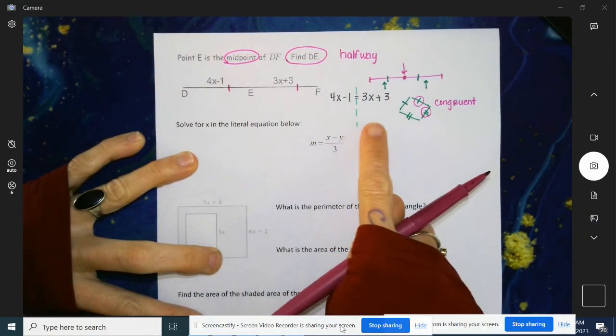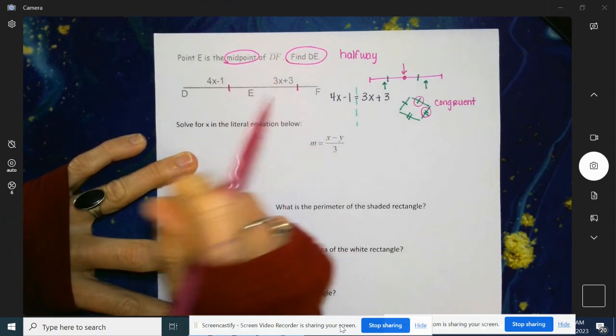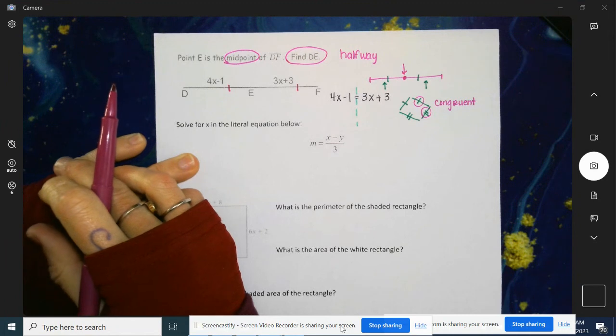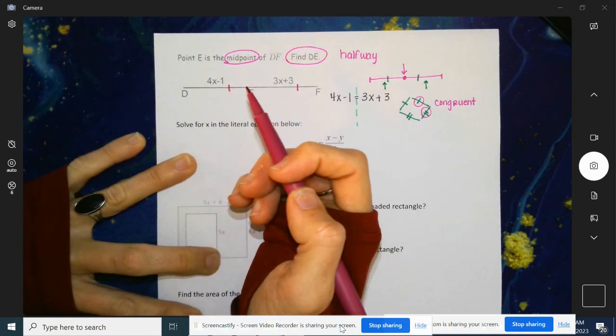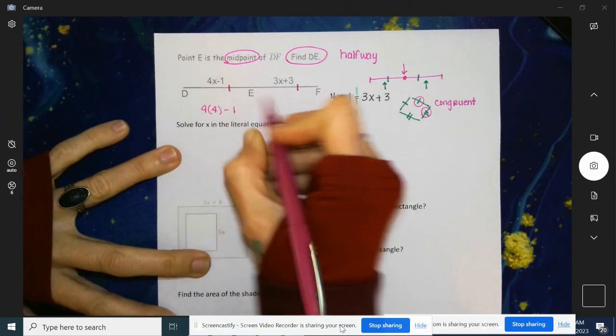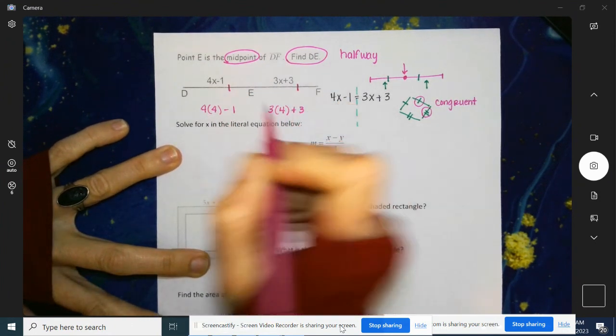So if I know that x is 4, does it matter which one I actually plug it into? No, because they're the same, right? Good. So then 4 times 4 minus 1, or 3 times 4 plus 3, should give us the same answer.